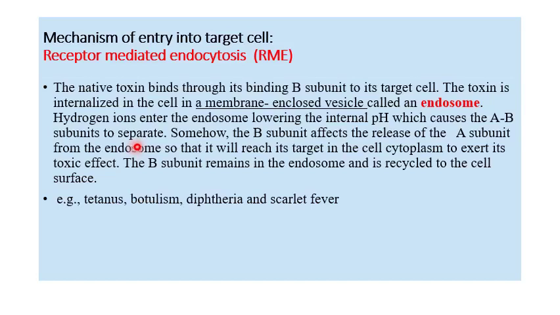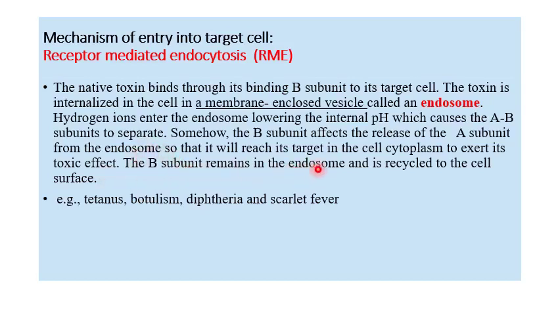In a way that is not understood, somehow the B subunit affects the release of the A subunit from inside the endosome to be released where? In the cell cytoplasm to exert its toxic effect, which could be any enzymatic changes that this A subunit may cause. What does the B subunit do?